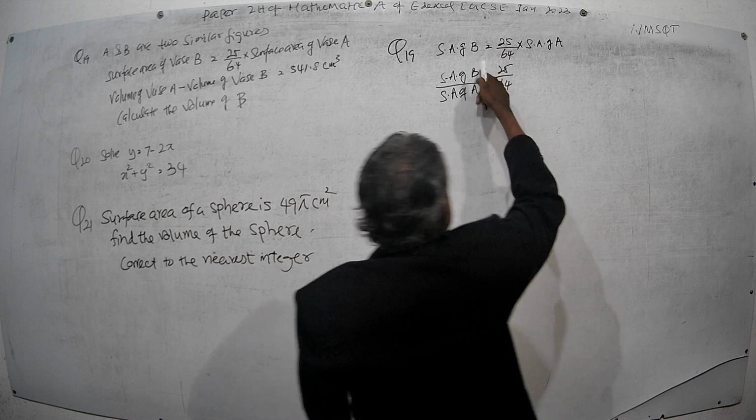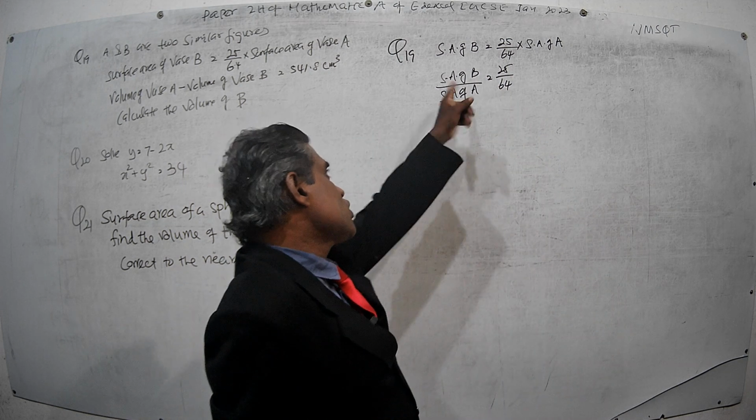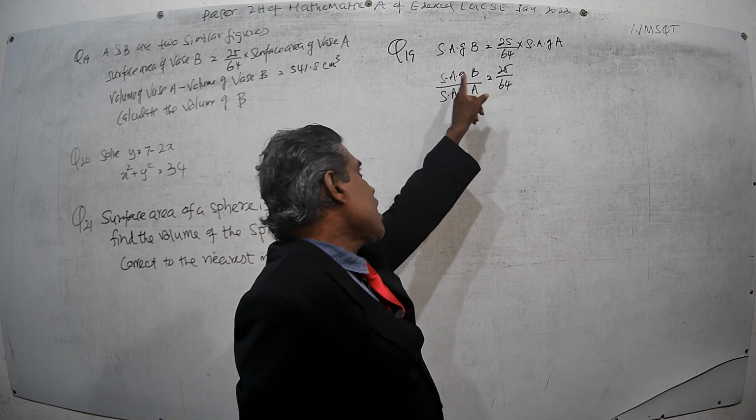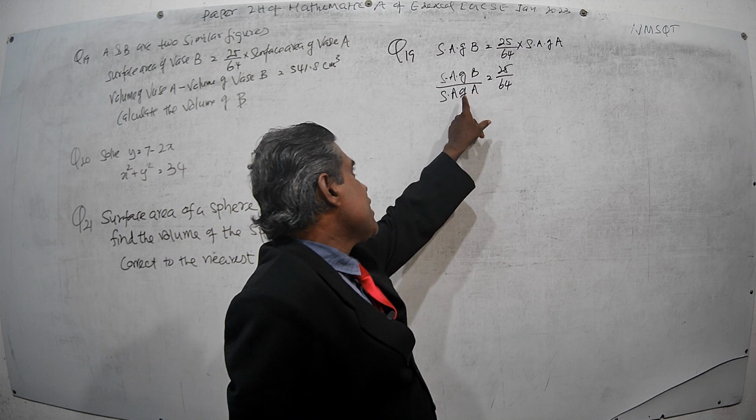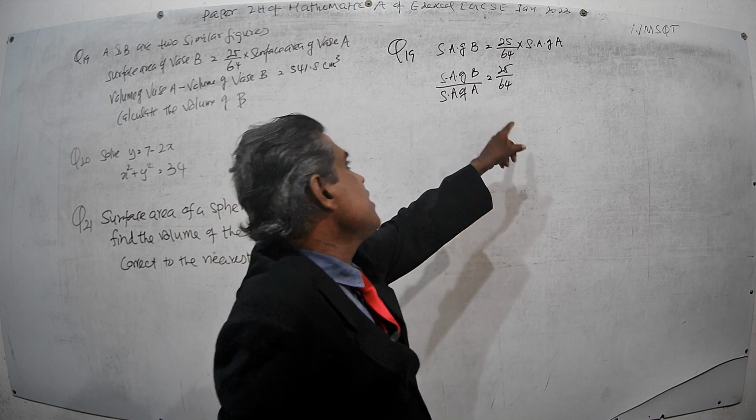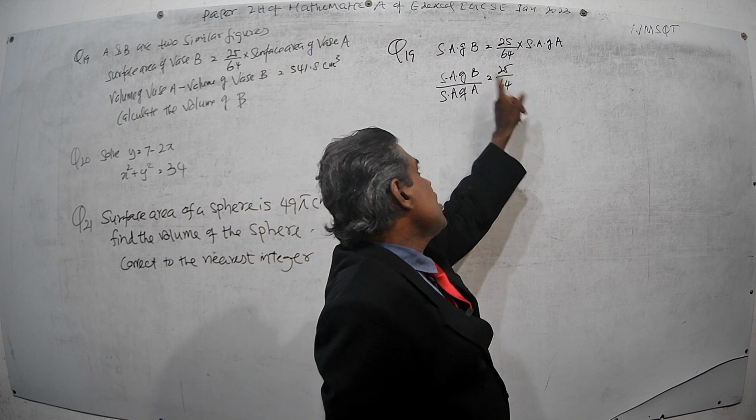This is the ratio between areas of the two figures. Ratio between area of B and area of A is equal to 25 upon 64.